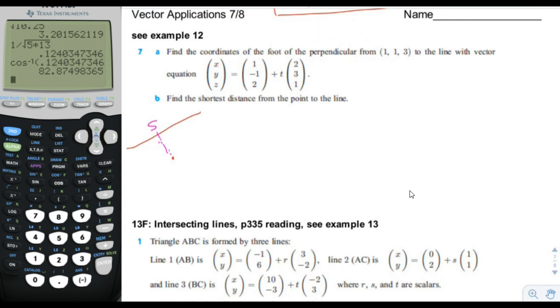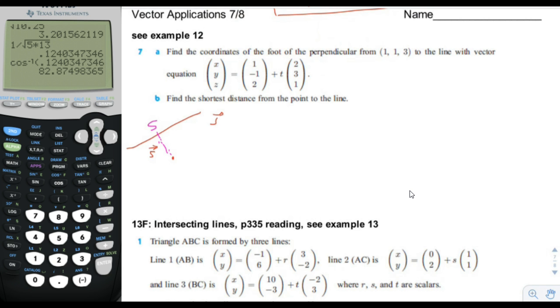Okay, so first we're going to say, what is the vector from our red point to point S? We'll call that vector small s.